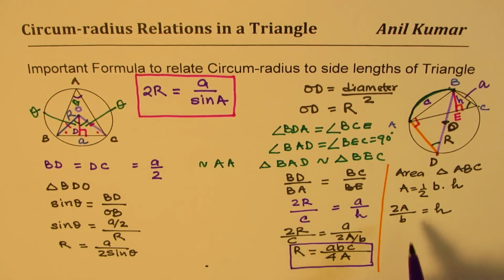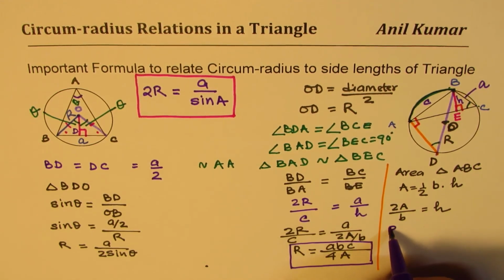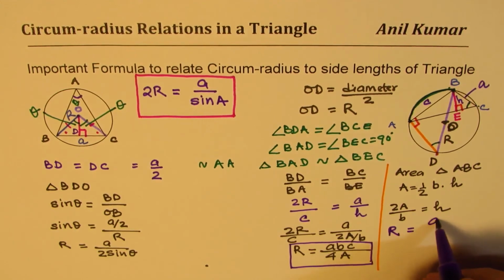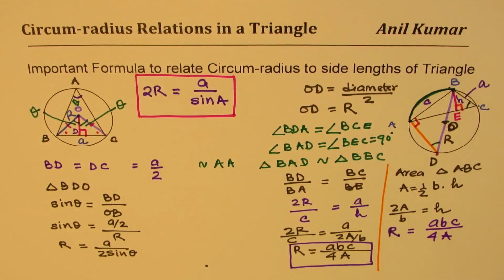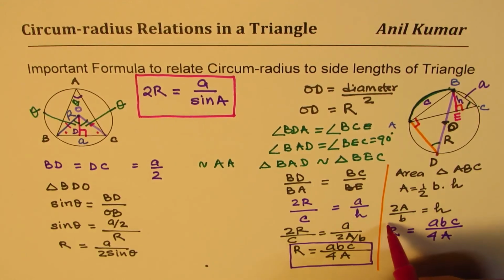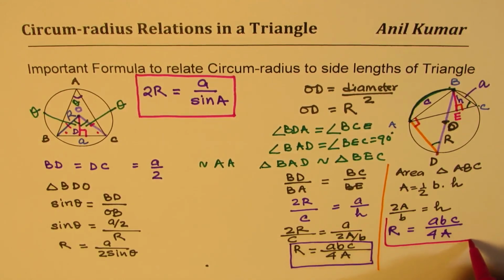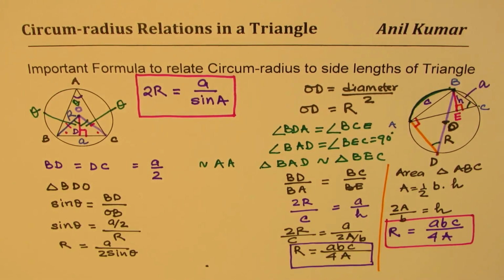So that's the second formula which we should remember, which is radius R is equal to the product of all the three sides divided by 4 times the area. So these are two very important formulas to find the circumradius when we are solving questions related to triangles and circles.